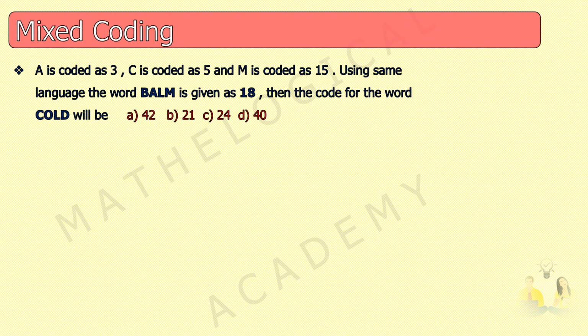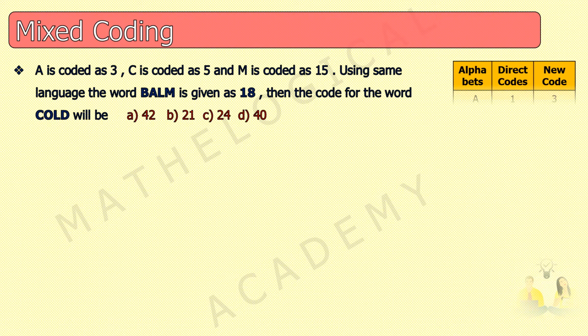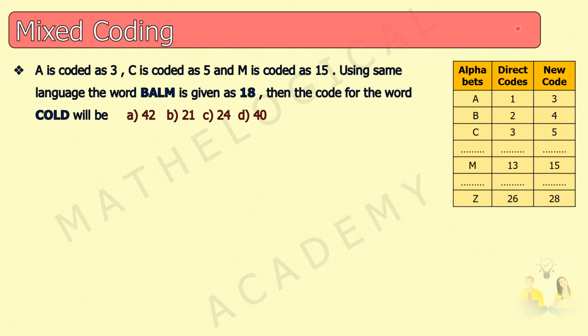A is coded as 3, C is coded as 5, and M is coded as 15. Using the same language, the word balm is given as 18. Then the code for the word cold will be what? So we see that for serial number coding, code for A is 1, code for C is 3, and code for M will be 13.